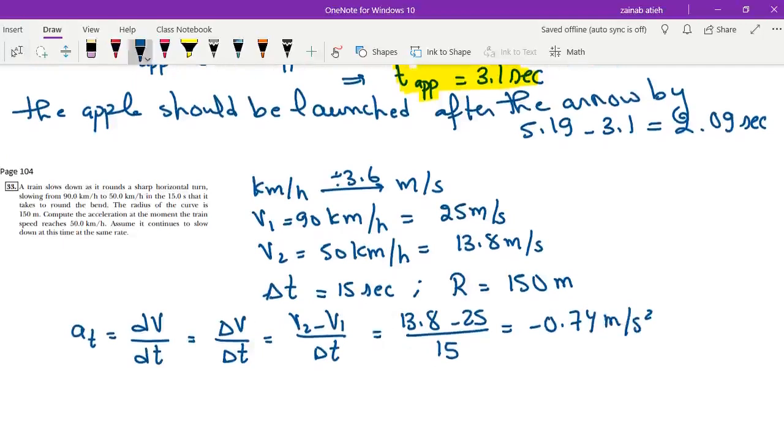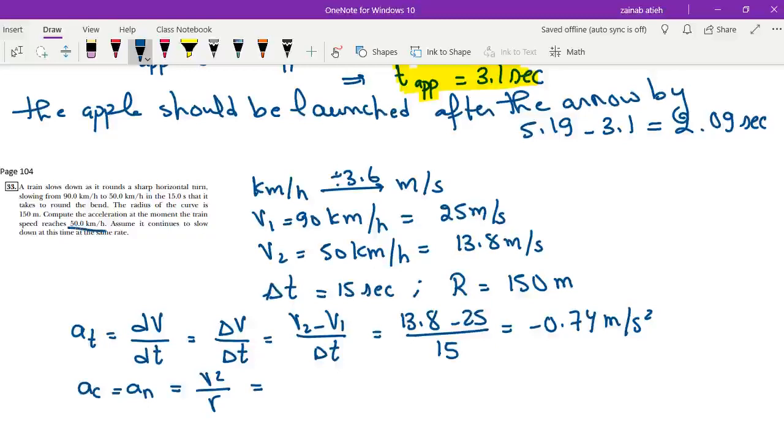Now let's find AN, the centripetal acceleration. We call it centripetal acceleration or normal acceleration. So AC or AN is equal to V squared over R. Now he asked me for V squared: compute the acceleration at the moment the train's speed reaches 50 kilometer per hour.